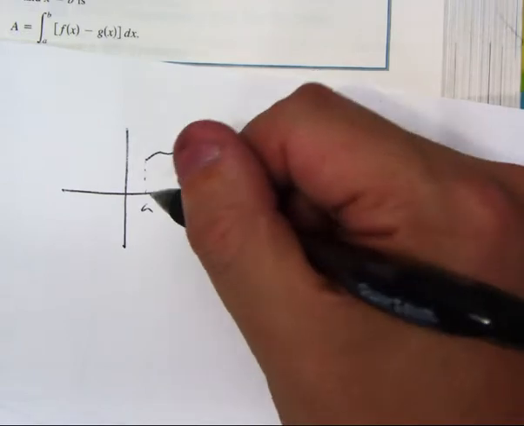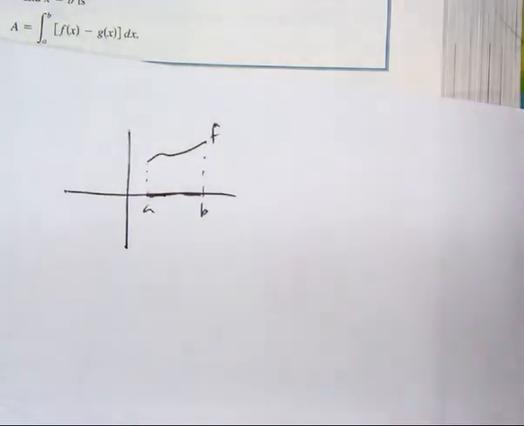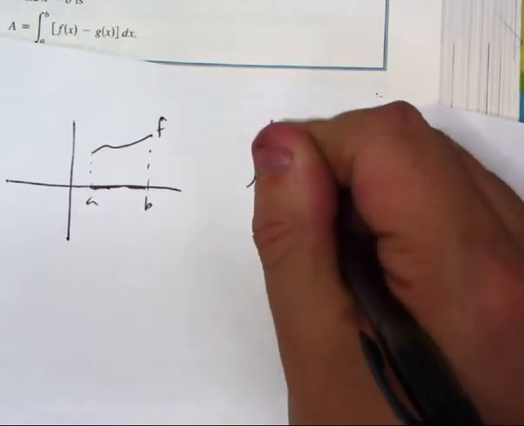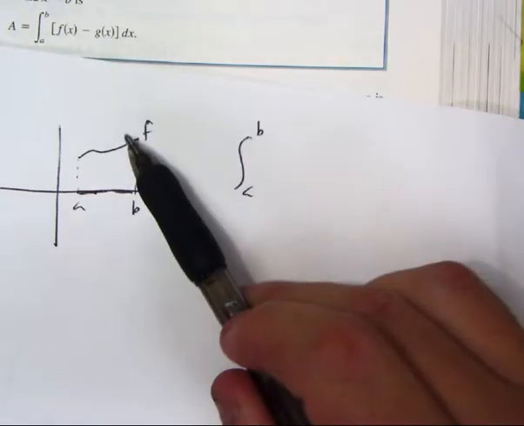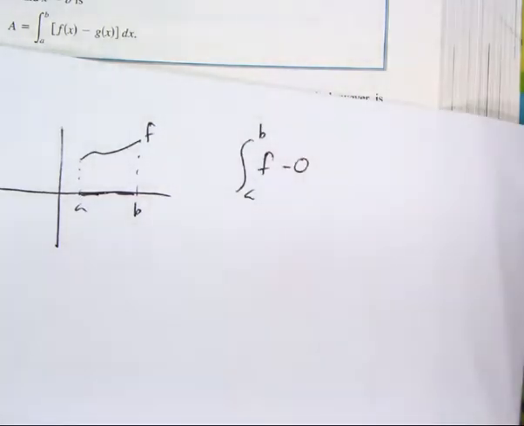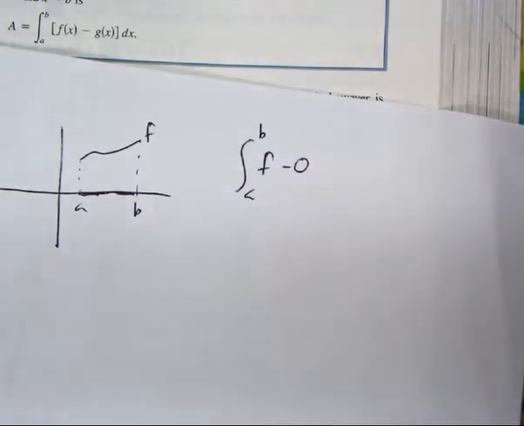It just so happens our bottom function is the x-axis, which is 0. So every single time we've been integrating, technically we've been integrating the function minus 0. We just never put the minus 0, but that's what it's been doing. That's why integration is bounded by the x-axis in general: the bottom function most times is 0.